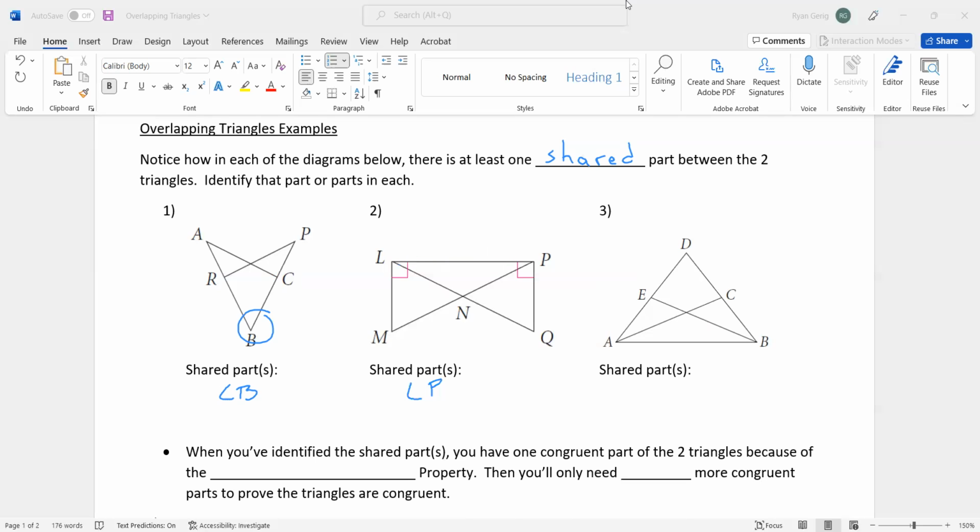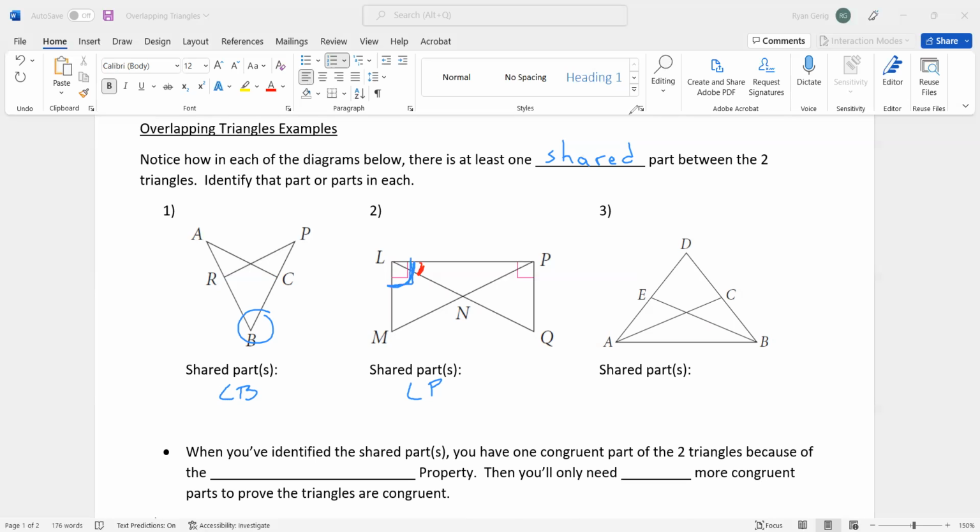Angle L is in both triangles, but in the triangle LPQ, it's little l. In triangle PLM, it's the full angle. They're not the same angle L. To be a shared part, it's got to be the whole part. Okay, the whole line or the whole angle is in both triangles.